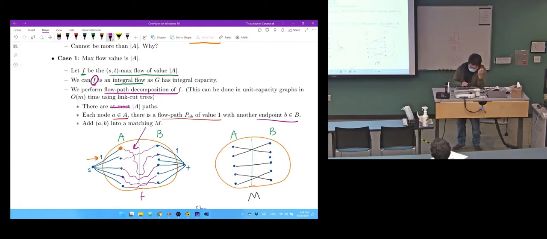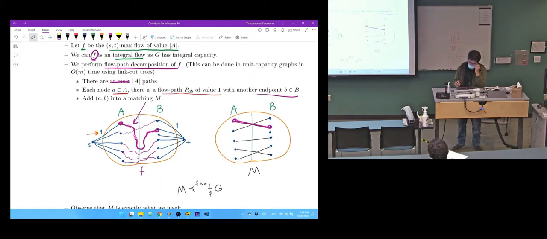That is, if this node goes and matches to this node here, then you add one edge into the matching, right? Just look at the endpoint of the path and add a corresponding edge into the matching.